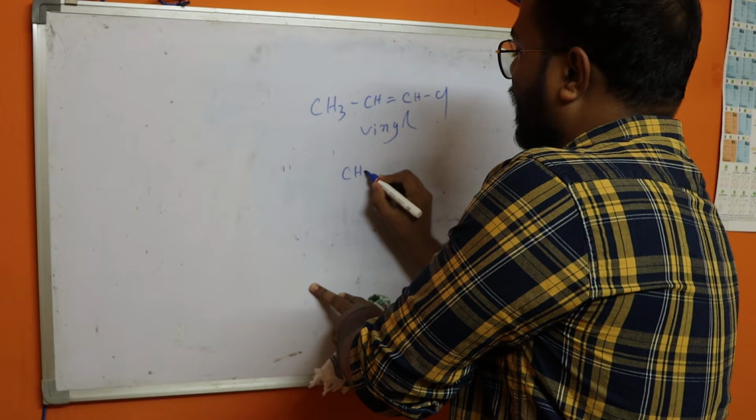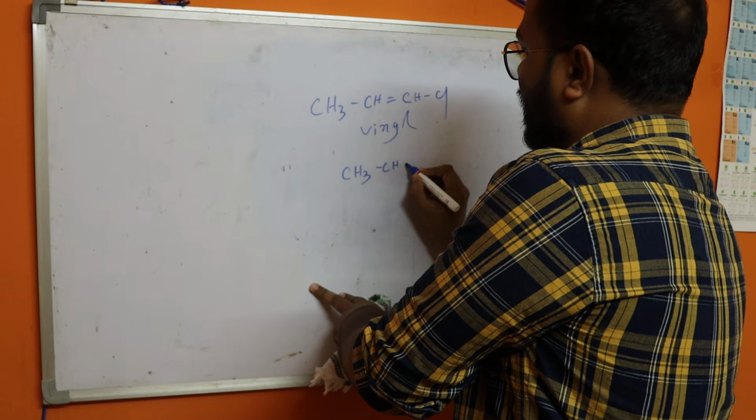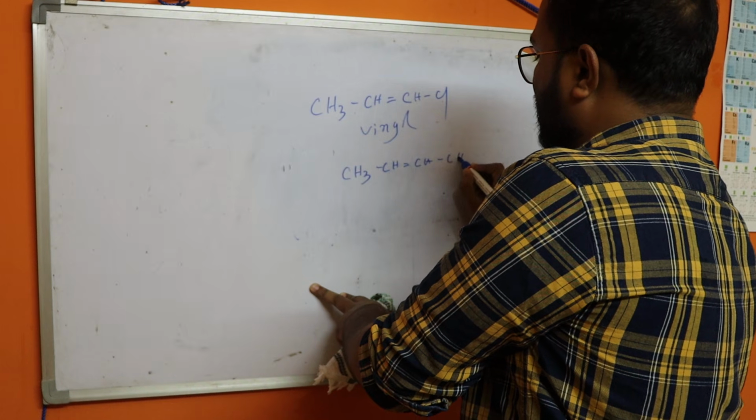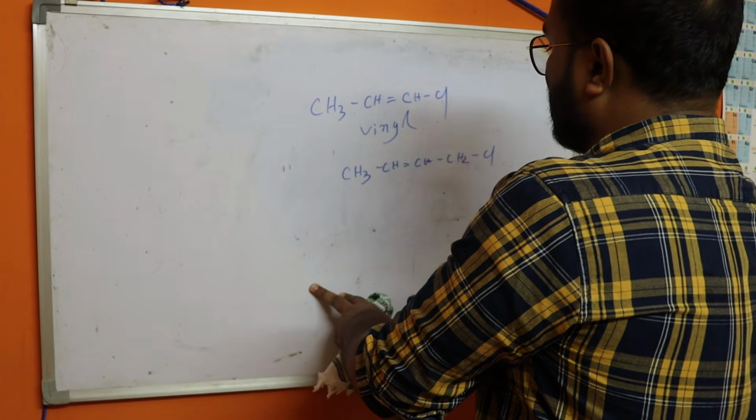Another can be CH3CH=CH, here is a CH2 and this is Cl.